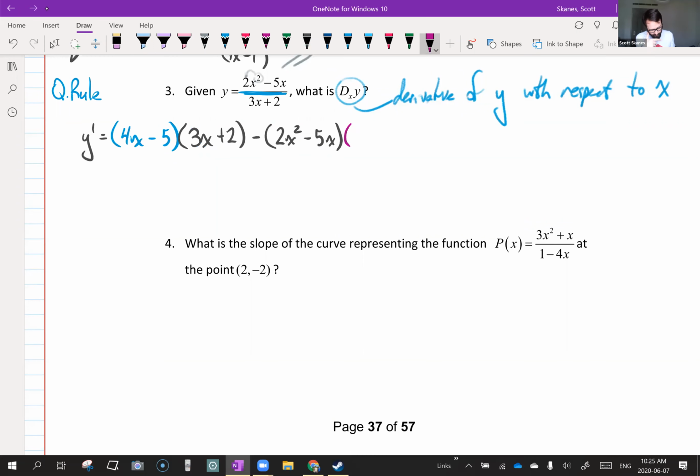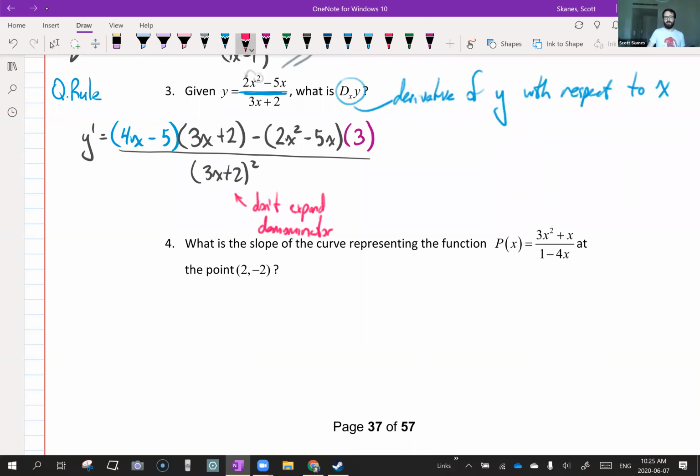And then the derivative of the bottom is 3 all over the bottom squared. Keep it the same, don't expand. So don't open the brackets for the denominator. It almost never helps. It'll make it more complicated, not less complicated. All right? And it doesn't say to simplify this one, so we don't need to. We can stop there.